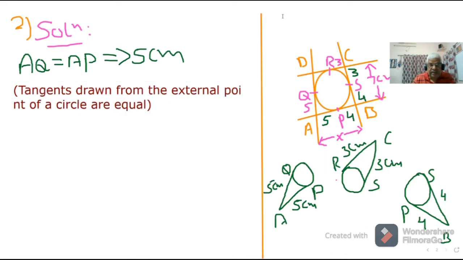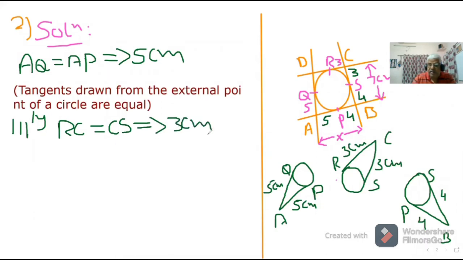Next, what to write? Similarly, RC measurement is equal to CS measurement. Both of them are equal to 3 centimeter. Next, BS measurement can be written as BC minus SC.